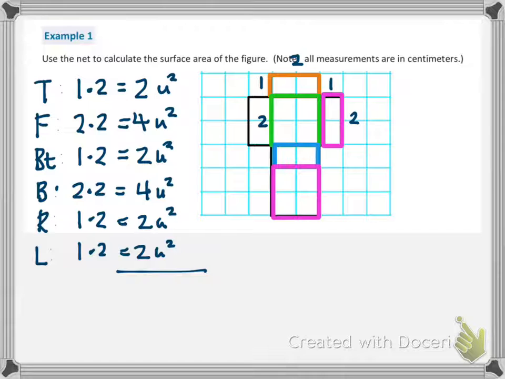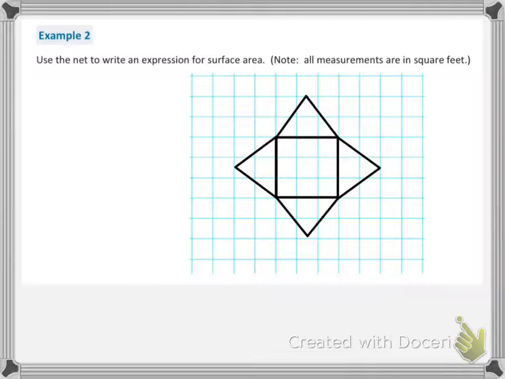And then we just add all those areas together. So 2 and 4 is 6, and another 2 is 8. 4 more is 12. And then 2 is 14, and another 2 is 16. So this is 16 square units is the surface area of the rectangular prism.